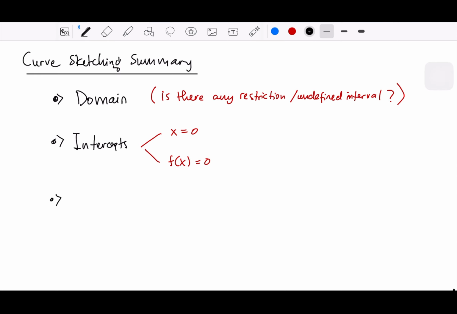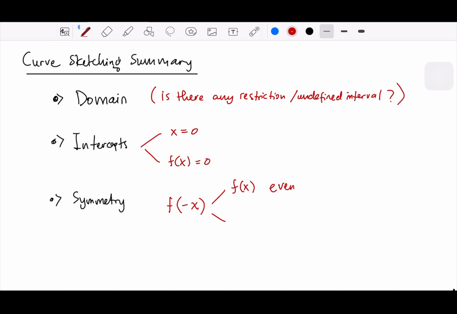And then the third one is the symmetry. Symmetry means we are going to check whether the function is symmetrical or asymmetrical, or maybe not both of them. So we are going to plug in negative x inside the function.